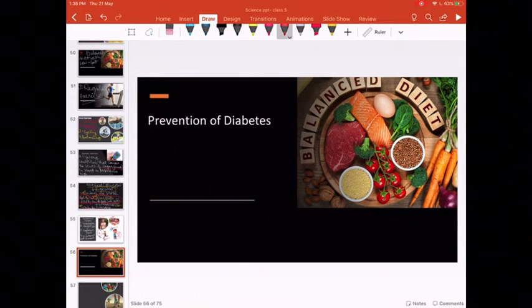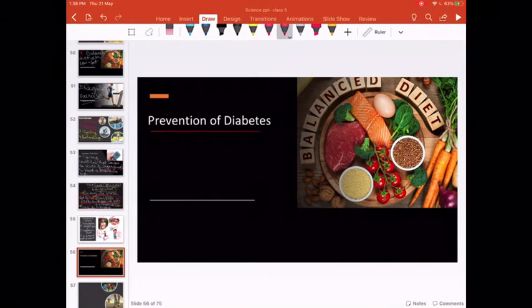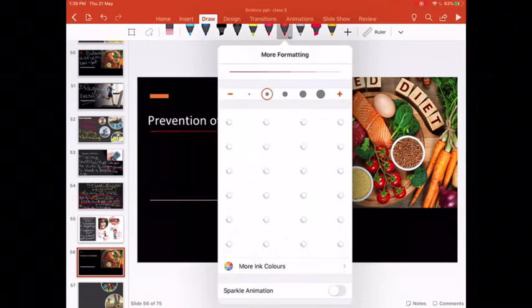Now, if it is so harmful, blood sugar, diabetes, we must take care to prevent diabetes. So, the first way of preventing diabetes is eating a balanced diet, a low fat, low sugar diet.